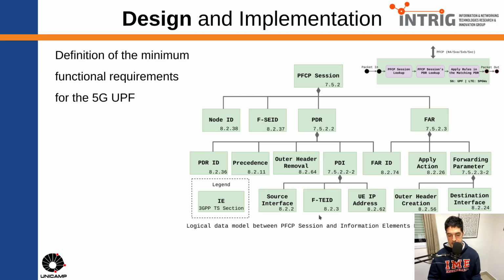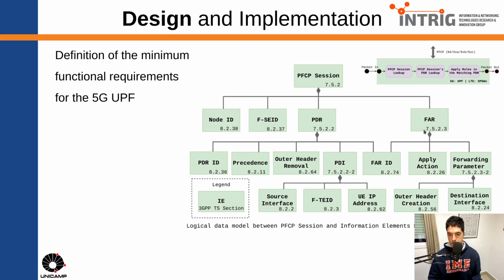These are the parameters that will match with the packet: the source interface, the tunnel endpoint ID, and the user equipment IP address. So it will be checked in this block, as I mentioned before. And if there is a match here, it will apply the rules, that is, the forward action rules.